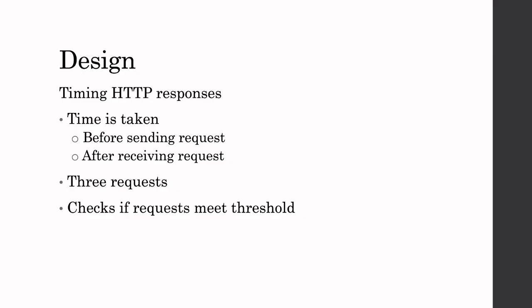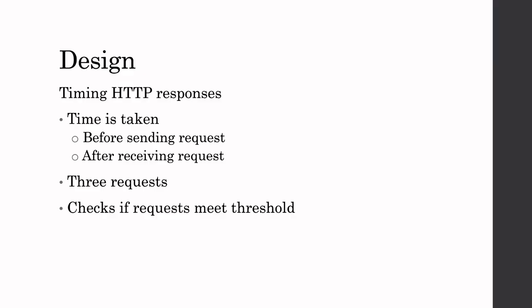Then it has to time the HTTP response. Time's measured in 2 spots. It's timed right before sending the request and right after receiving the response to make sure that as little extra stuff is in between the 2 as possible.